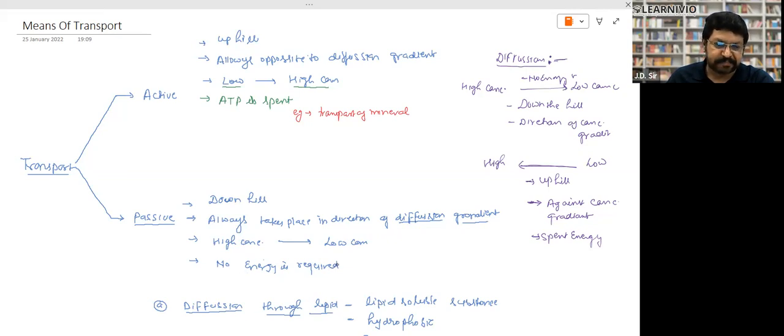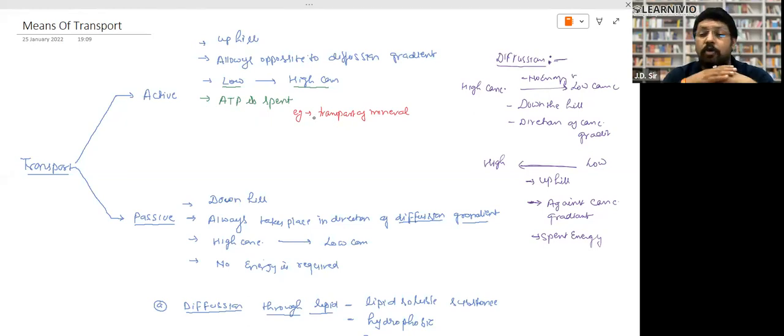Active transport is uphill movement, meaning this transport always takes place opposite to the diffusion gradient. It always takes place from low concentration to higher concentration, and here ATP is spent, meaning energy is spent. For example, transport of minerals.